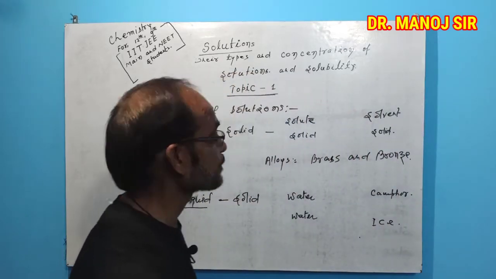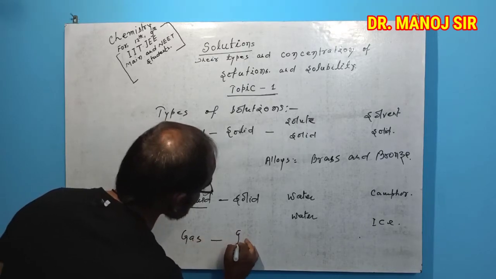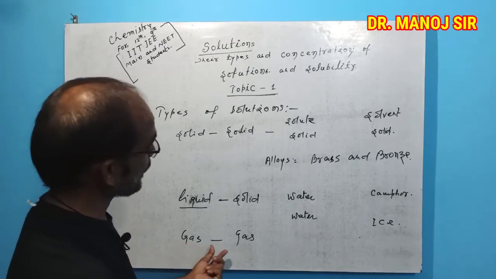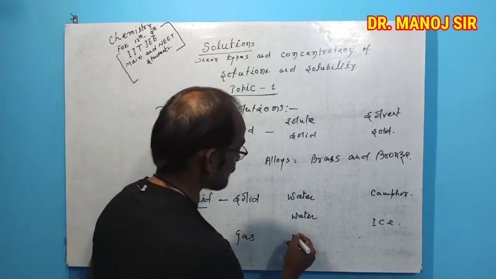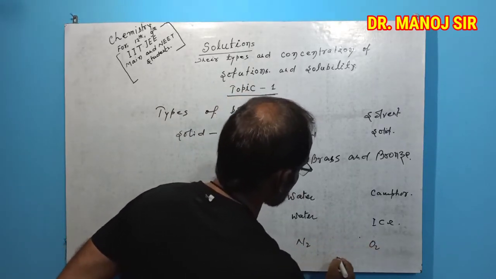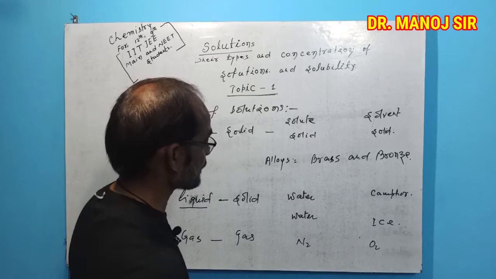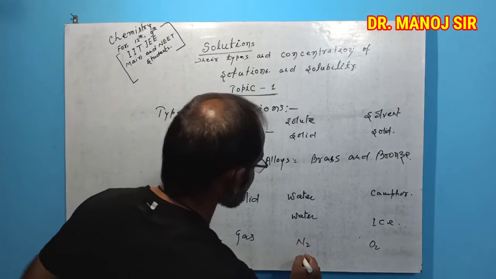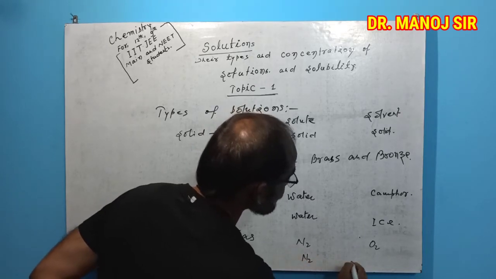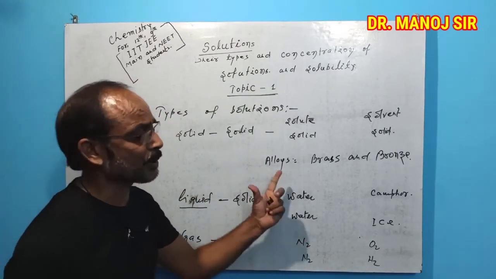Gas in gas: solute and solvent both are gas, such as N2 and O2 that produce oxides of nitrogen, and also N2 and H2 that produce ammonia gas, and so on.